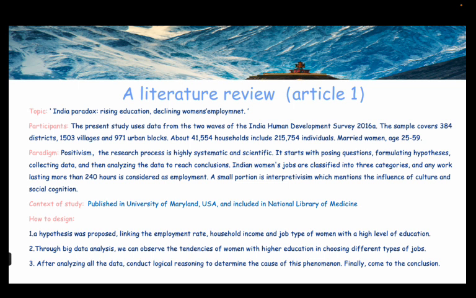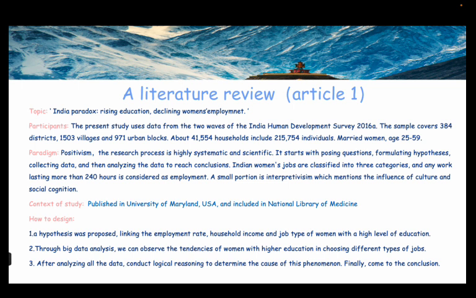They are all married women, aged between 25 and 59. The paradigm of Article 1 is positivism, and it also has a small part of interpretivism. It's about some culture and society.